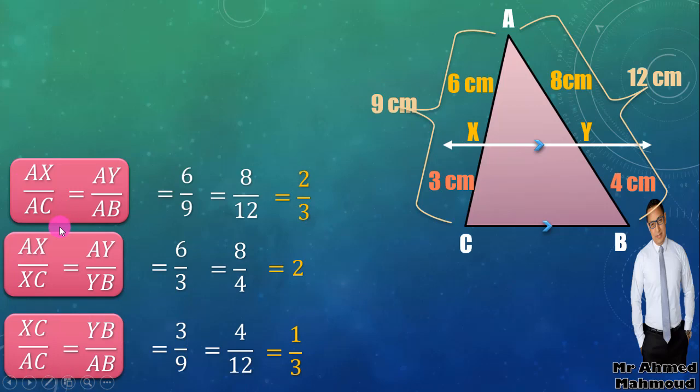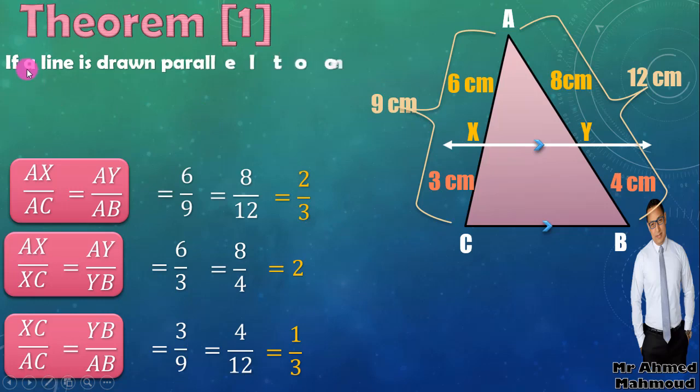So XC over AC equals YB over AB. If we have a straight line intersecting the triangle like this, then it divides the sides of the triangle into proportional segments. This is what the theorem says.